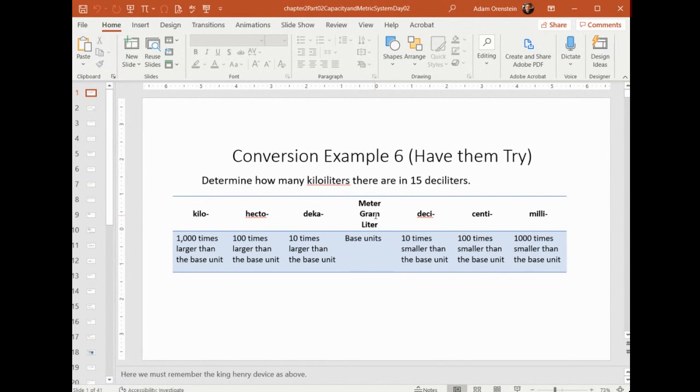So anyway, in the metric system we can convert between different units with these prefixes. For instance, here, I was going to have you try this out. To go from deciliters to kiloliters, you start at deciliters and then move to kiloliters. I did go through how to do this last time, not this example.